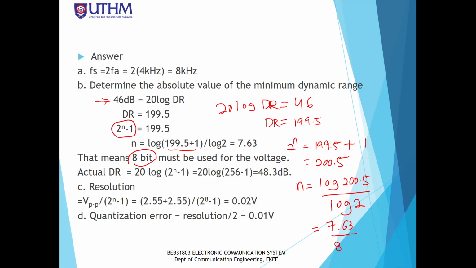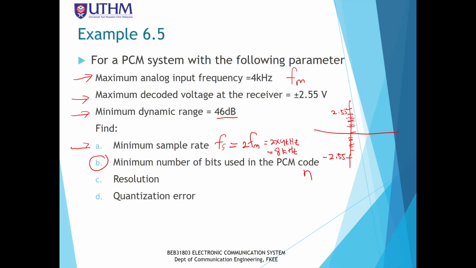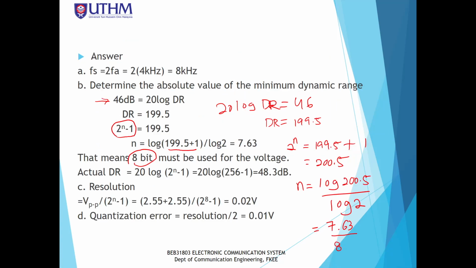So if we use 8-bit, that means the dynamic range would be a little bit higher compared to the given minimum dynamic range. It is given in the question that the minimum dynamic range is 46 dB. So this is if we use 7.63 bit. But if we use 8-bit, the actual dynamic range would be a little bit higher.